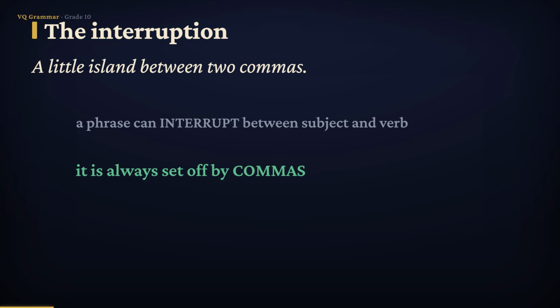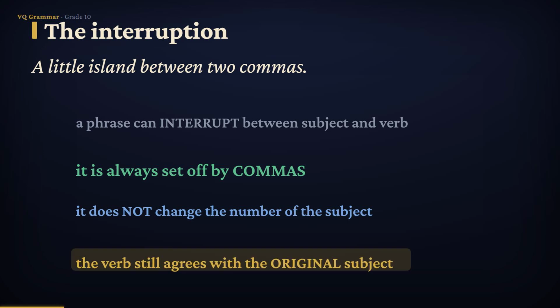That interrupting phrase does not change the number of the subject. It can name 10 more people if it likes. The subject is still whatever it was before the comma. So the verb still agrees with the original subject, with the word the sentence was about in the first place, and with nothing that wandered in afterward.